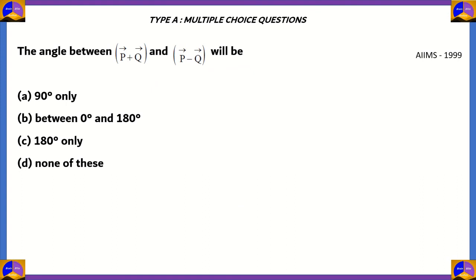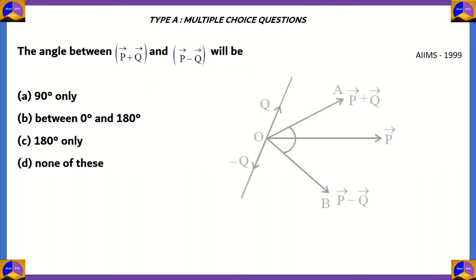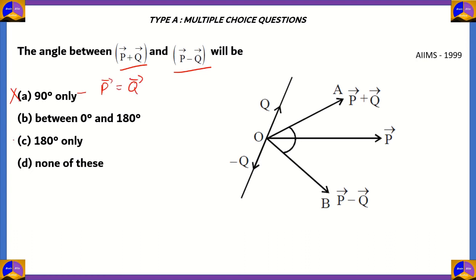Now let's look at the final question. The angle between P plus Q and P minus Q will always be. Now, option A is incorrect here because it only happens when P is equal to Q. And option C, 180 degrees, is also incorrect because this happens only when P is equal to 0.